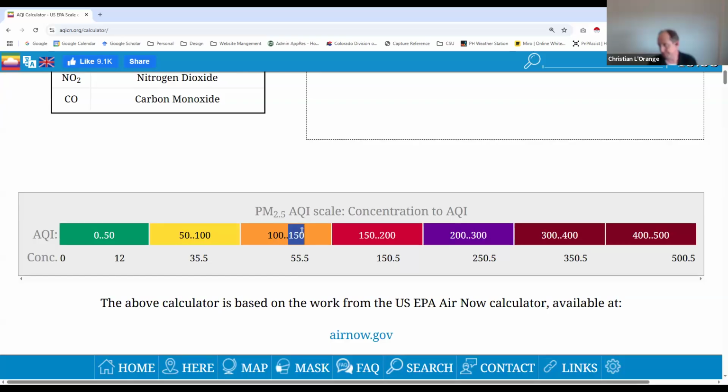Yeah, so I think it's really important that if we're going to say AQI, it has to represent all of the AQI. If it's a bad ozone day and we say the AQI is good because the PM is low, that's a bad thing. 100% agree.